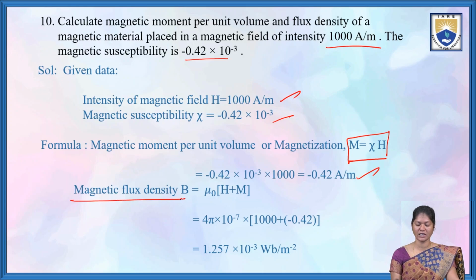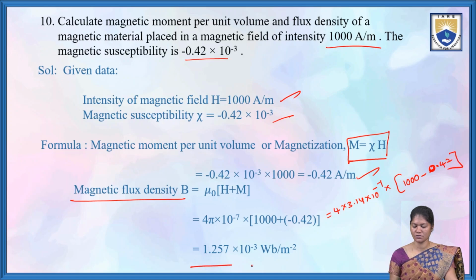Then for magnetic flux density, B is equal to mu naught into H plus M. So it is equal to 4 pi into 10 power minus 7 into H plus M, which is 1000 plus minus 0.42. So 4 into 3.14 into 10 power minus 7, into 1000 minus 0.42.